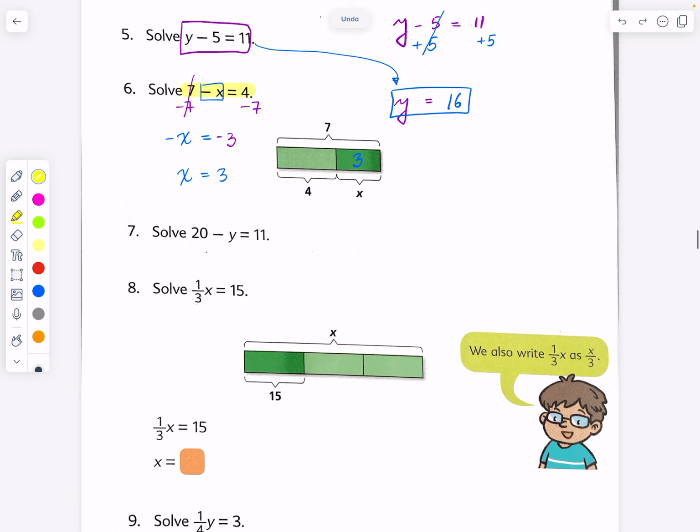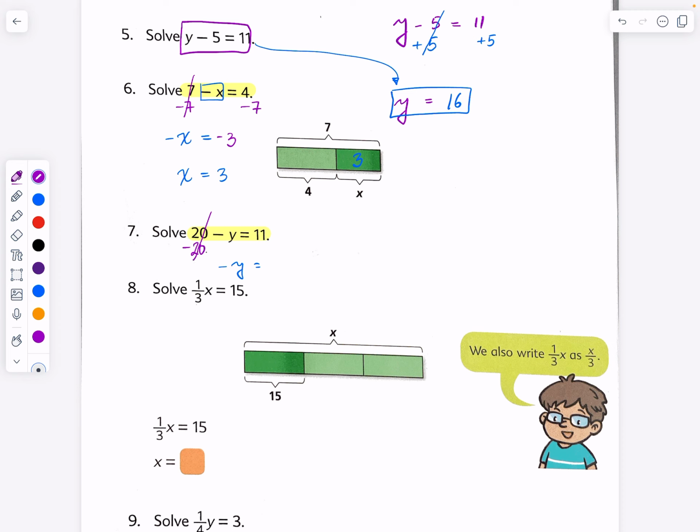Otherwise, let's continue. Next equation, 20 minus y equals 11. Again, let's solve it by isolating the variable. Minus y equals, well, what is in the way of negative y? Of course, this 20. How do we get rid of it? Let's use opposite operation. Minus 20. This will get rid of 20, right? We'll reduce it.